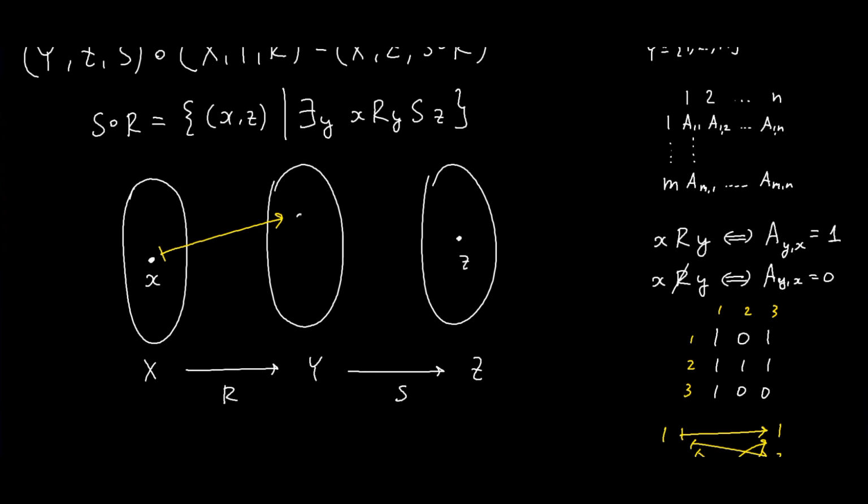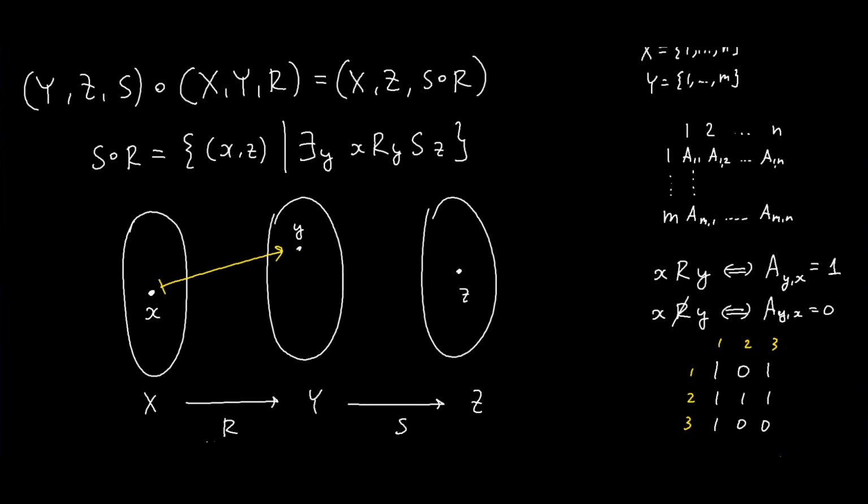I am kind of abusing the language a little bit. I'm referring to the entire relation and just its graph with the same letter. That's a common practice in mathematics when dealing with mathematical structures, not to overload the notation. So if x is linked with y and y is linked with z with the other relation, if I can find such a passage, then they will be related by the composite relation. So existence of the R relation here and the S relation here is what ensures the existence of the composite relation there.